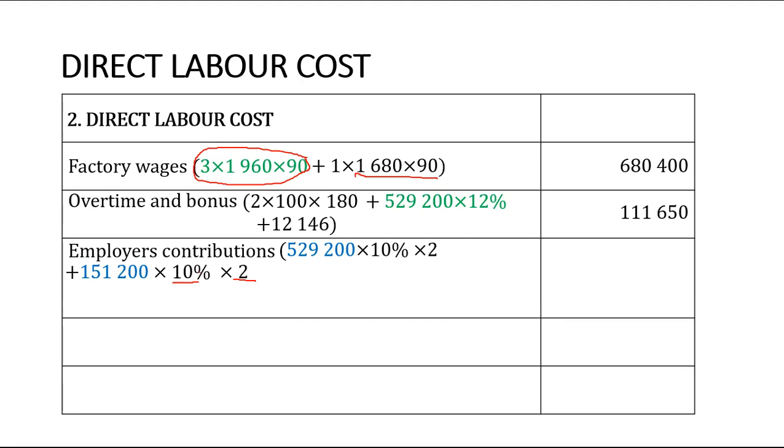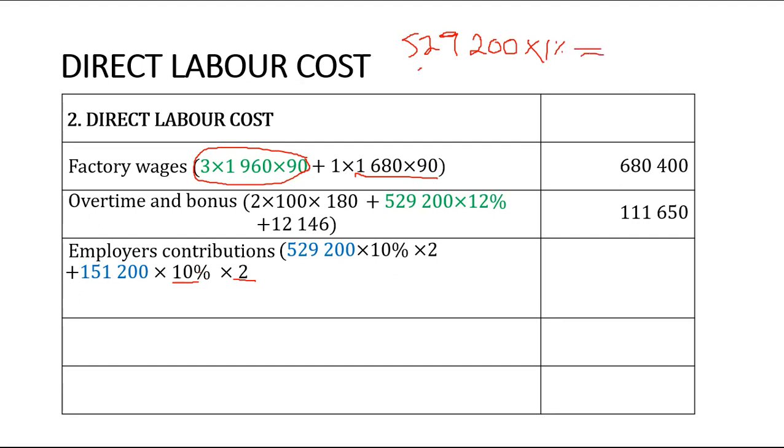Okay, so basically what I did here is that I took the 529,200 multiplied by 1%. It'll give you the answer.